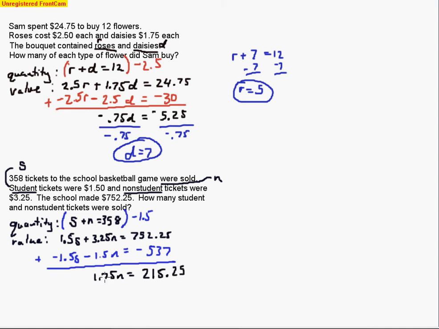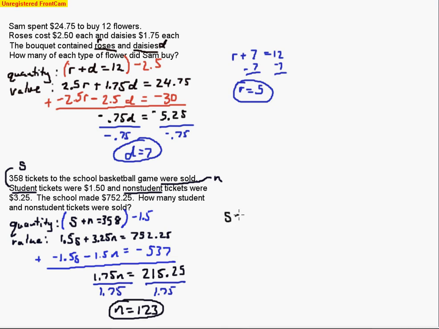From that point, all we have to do is one division problem. Again, this would be a good calculator problem. We divide by that 1.75, and we'll have our answer. N equals 123. So N is 123. Those are the non-students who ended up showing up. To find out how many students showed up, you put it into that quantity equation.